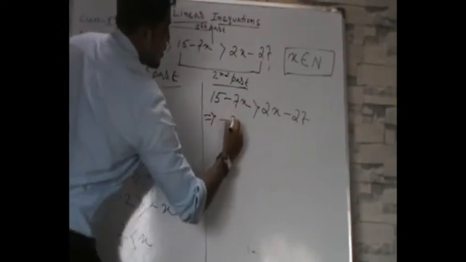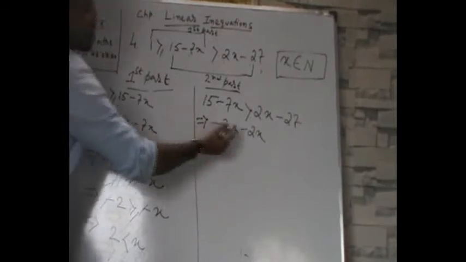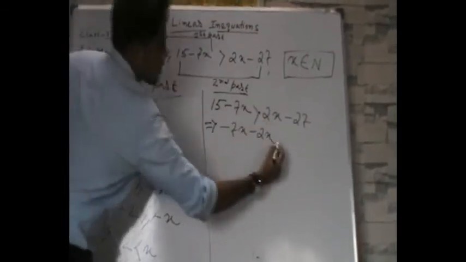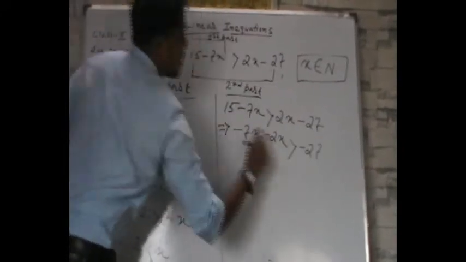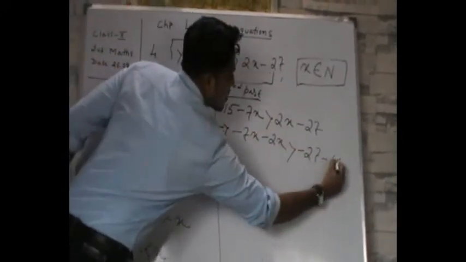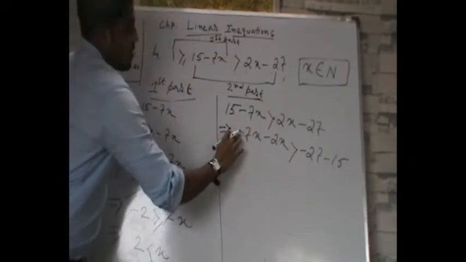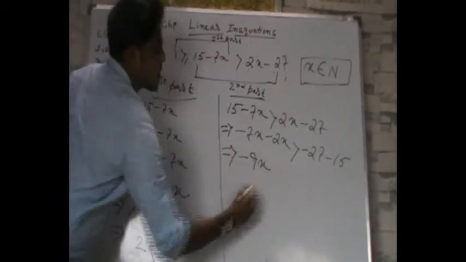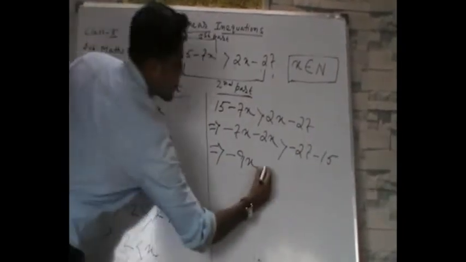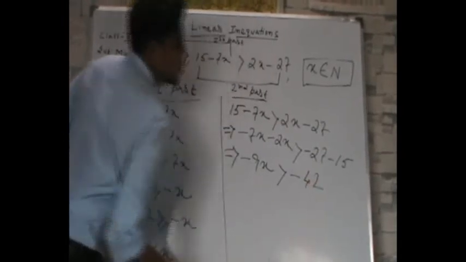In the same way, we have to separate the like terms, 7x and 2x, because it's plus 2x, now it is minus 2x greater than minus 27, and the 15 is now minus 15 because we changed the side. Plus and minus, now minus 7x minus 2x is minus 9x, greater than minus 42.